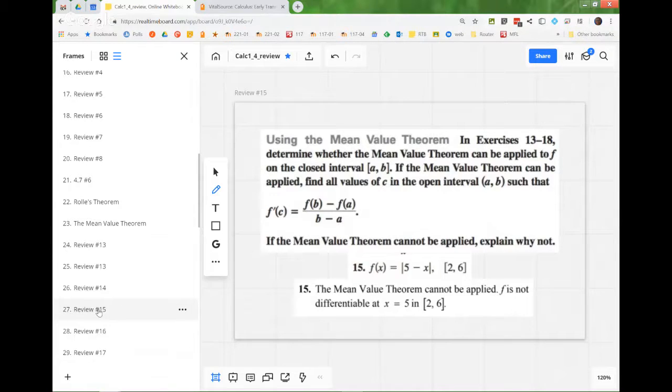But then you realize, oh wait a minute, at 5 we got a cusp. So if 5 is included in the interval, and it is here, 2 comma 6, then I'm wasting my time. You can't differentiate at a cusp, so why go through all the process of finding the derivatives?